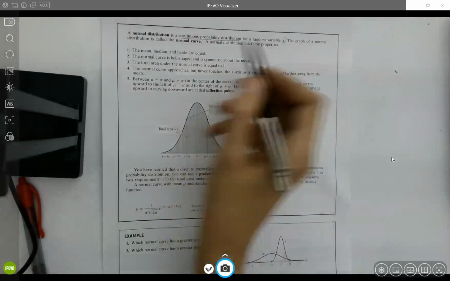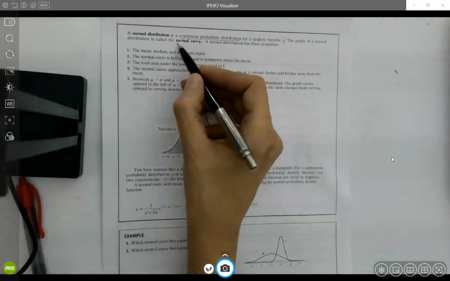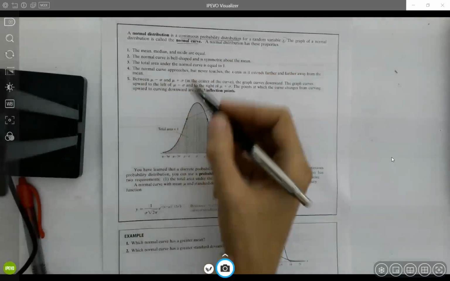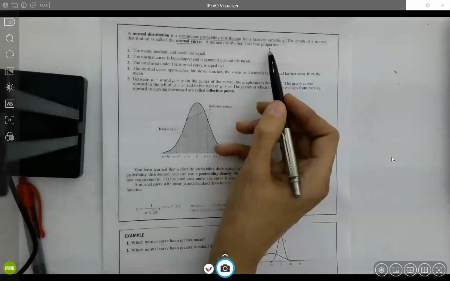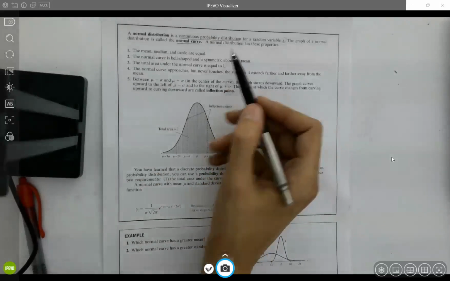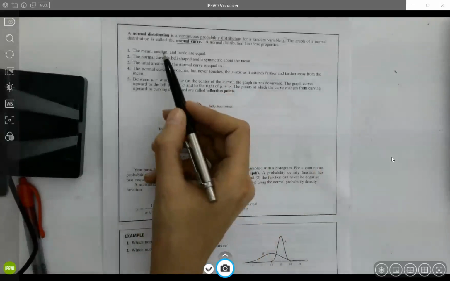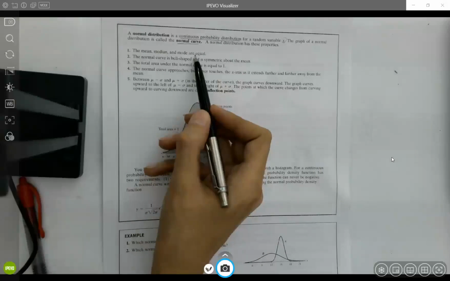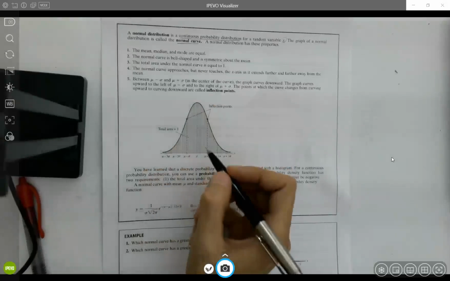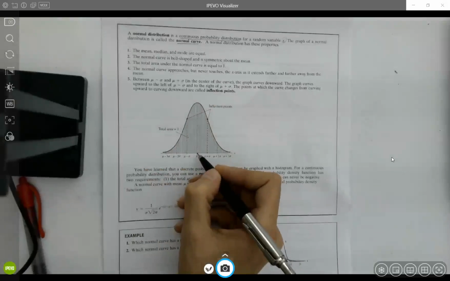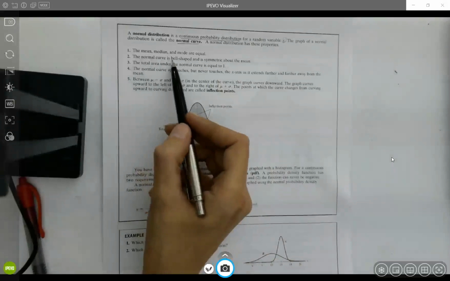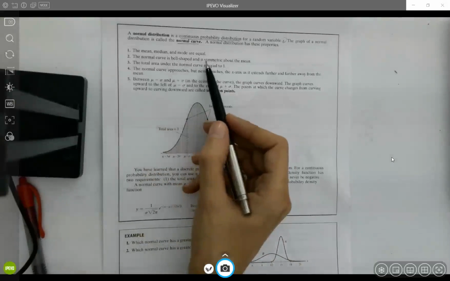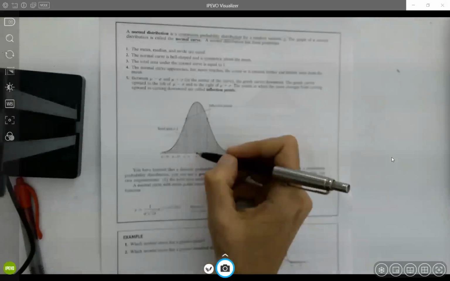The graph of a normal distribution is called normal curve. So we have the following properties for a normal distribution. First of all, the mean, median, and mode are all equal to each other. Mean, mode, median, they are all equal to each other on the horizontal axis. 2, the normal curve is bell-shaped and it's symmetric about the mean.